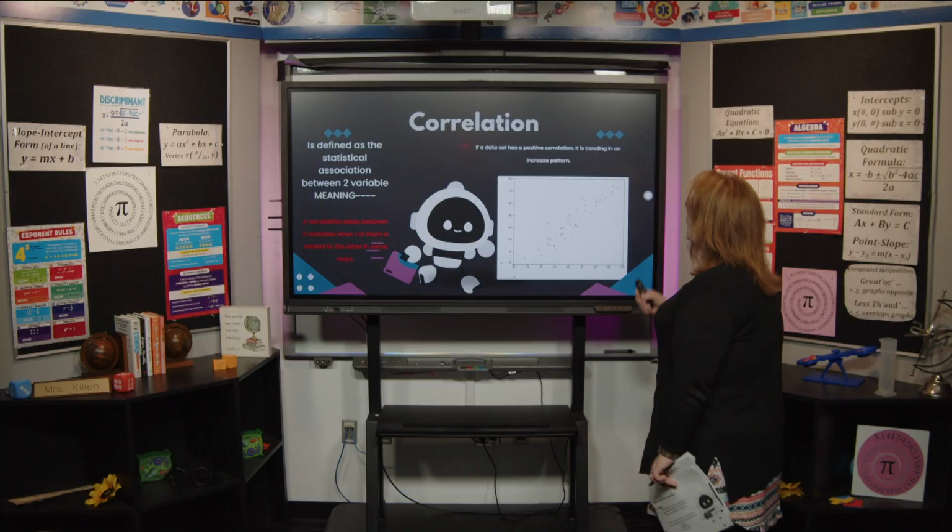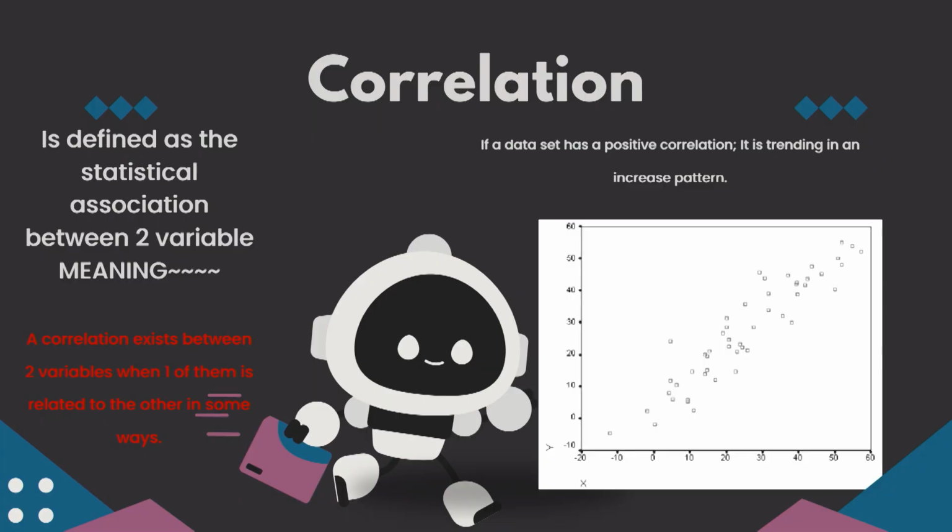So let's see. If a data set has a positive correlation, it is trending in an increasing pattern. We can show an increase when we're going up, so we would see something along these lines. That would be considered an increase in our trend.